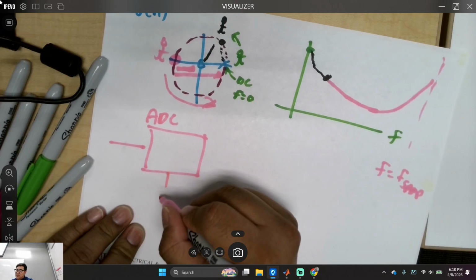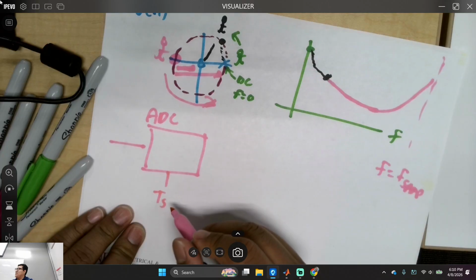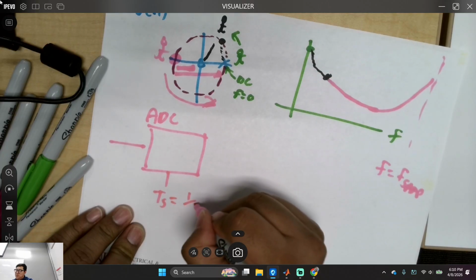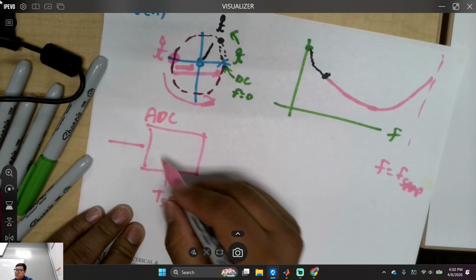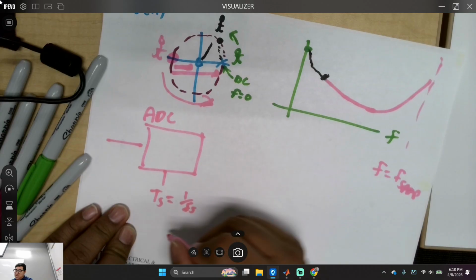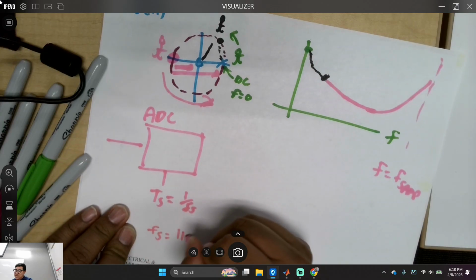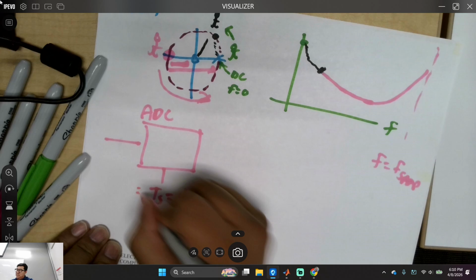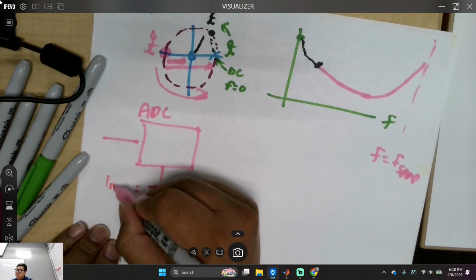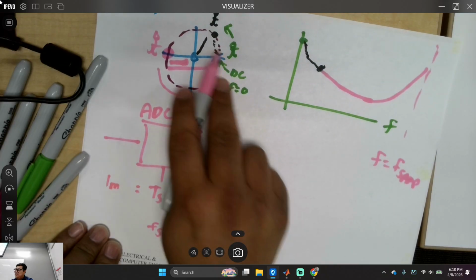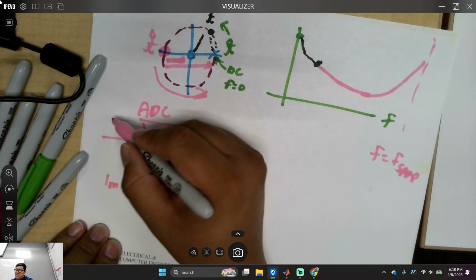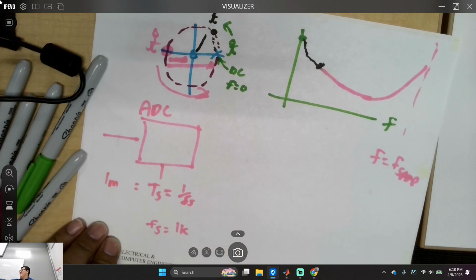And then I have TS, the sampling time, which is equal to 1 over F of S, right? I'm sampling some signal. If F sample is equal to 1K, what's TS? 1 milli, right? Simple stuff.